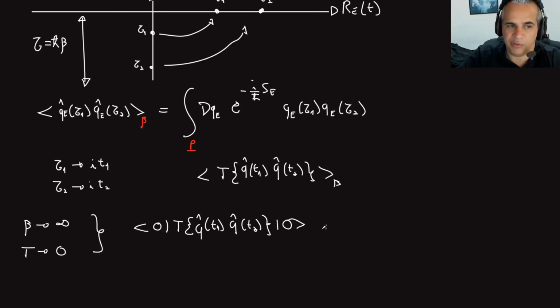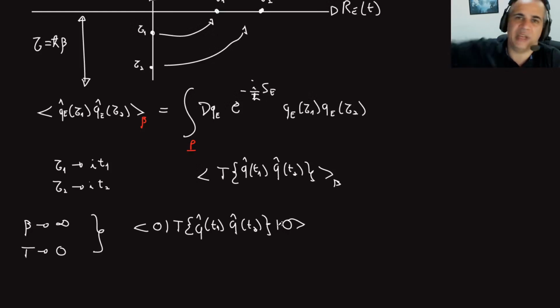From the practical point of view, I'll show in a moment or two that sometimes it's easier doing it in Euclidean times because you can avoid, again, the Feynman prescription. We'll see that by doing things in Euclidean time and then going back, you go away from the poles that were in the real axis, and when you come back, there's no ambiguity on how you should circulate the poles.